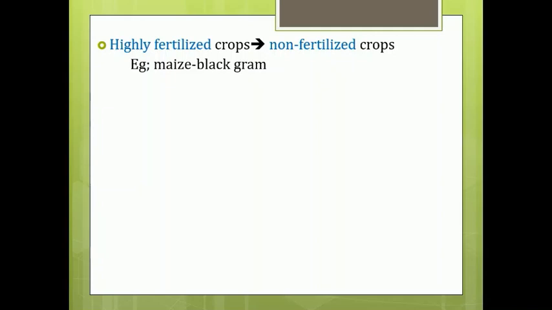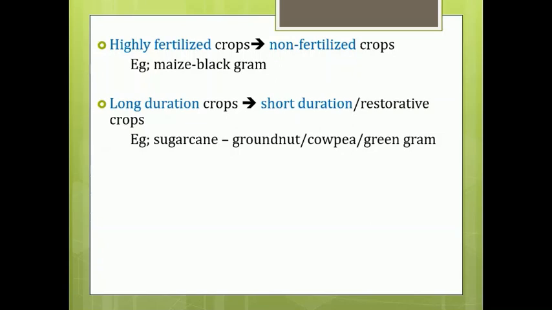For an example, maize followed by black gram. Long duration crops should be followed by short duration or restorative crops. Sugarcane is a long duration crop, and should be followed by short duration crops like groundnut, cowpea or green gram, which also restore the land.